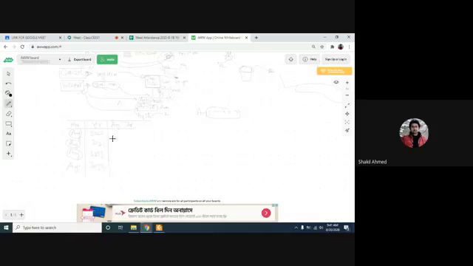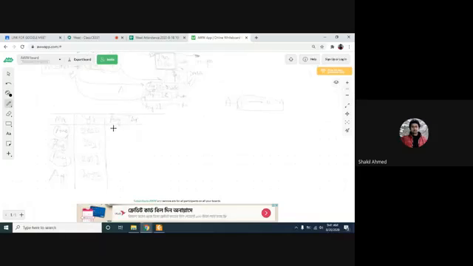Now, if you see the temperature here, the average temperature was 28 degrees Celsius, and this is 29 degrees Celsius, and this is 29.5 degrees Celsius. This is again 27 degrees Celsius.